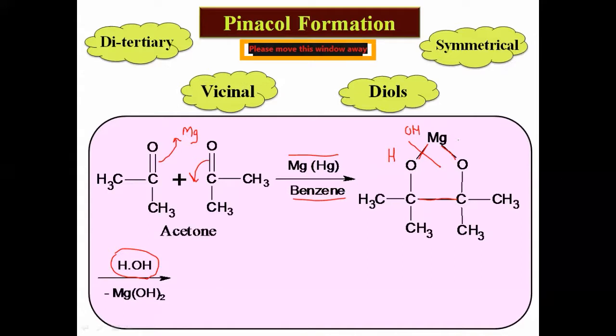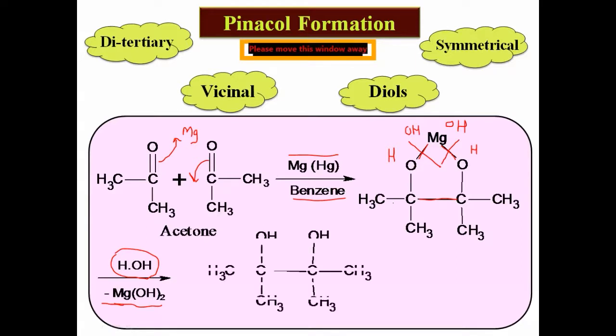Similarly, this bond also undergoes breaking, then hydrogen adds to that oxygen and the OH group adds to magnesium. Now that magnesium and two OH groups form magnesium hydroxide. I have written minus Mg(OH)2. Actually, this is a byproduct. Now hydrogen adds to that oxygen, therefore it becomes OH. Here also there is OH, and we get the product. There are two OH groups, and this is nothing but our pinacol.